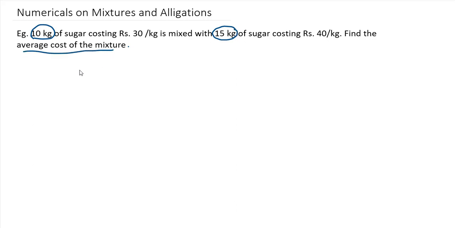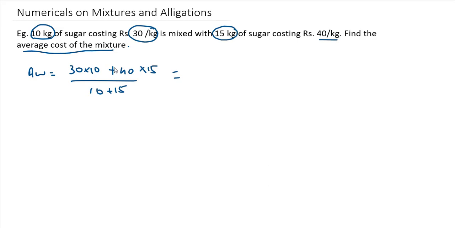So here we will directly use the formula for weighted average, that is AW is equal to A1N1 plus A2N2 upon N1 plus N2. So substituting the values, A1 is 30 and the weight is 10. So we'll have 30 into 10 plus A2 is 40 and the corresponding weight is 15. So we have 40 into 15 divided by 10 plus 15.